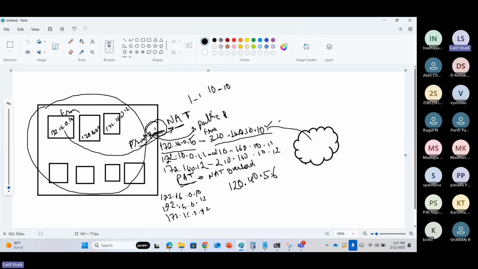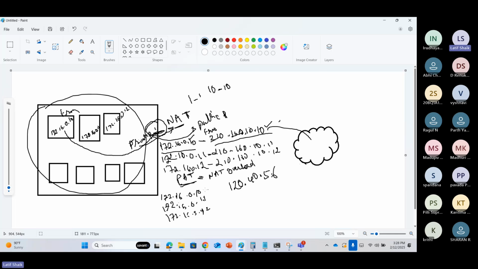So what it will do is load all the private IPs onto one single public IP address. That is called NAT overload. NAT means one to one. NAT overload means many to one. So how does it happen?